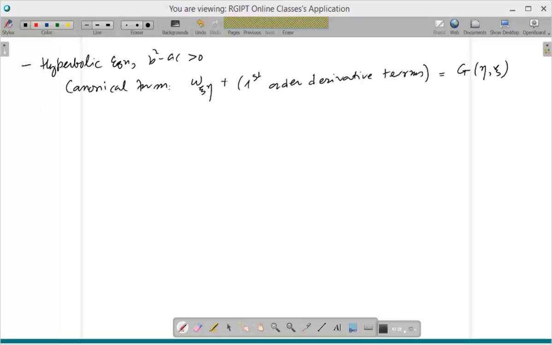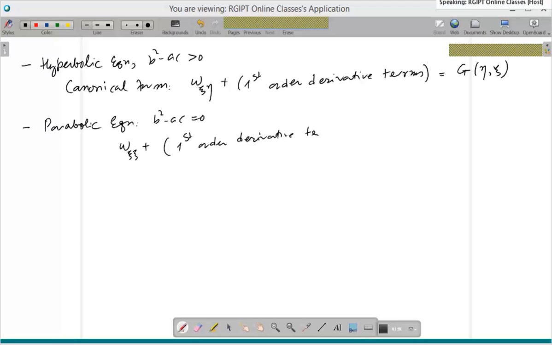equal to some function of eta and zeta. Okay, that's canonical form. Second is parabolic equation, that is b square minus ac equal to 0. And here I have w zeta zeta plus first order derivative terms equal to some function of zeta and eta.